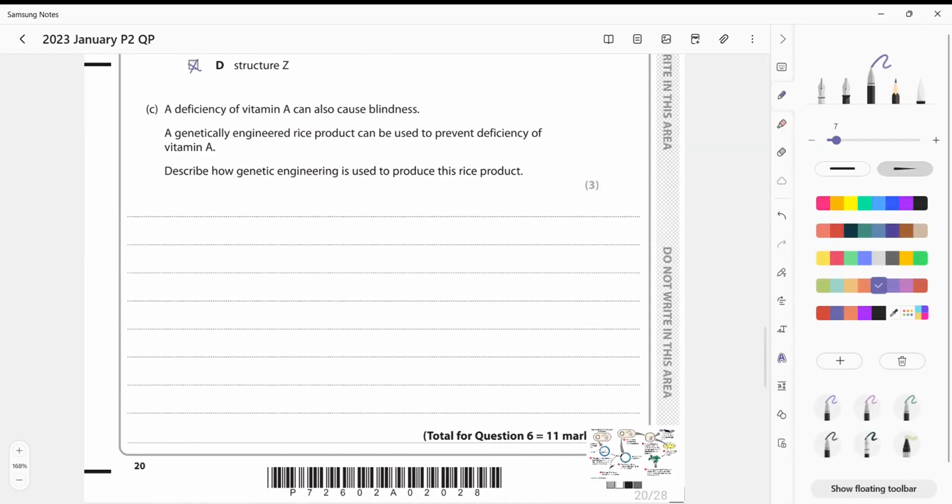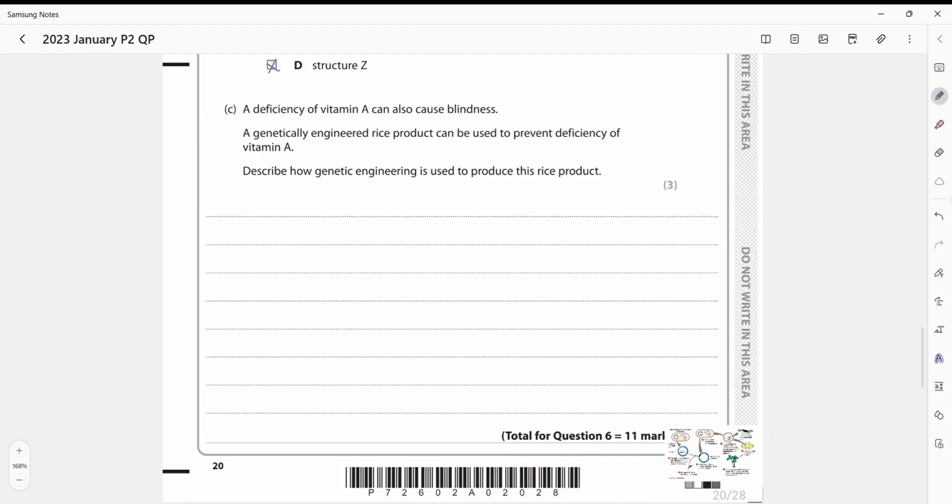So describe how genetic engineering can produce this product.